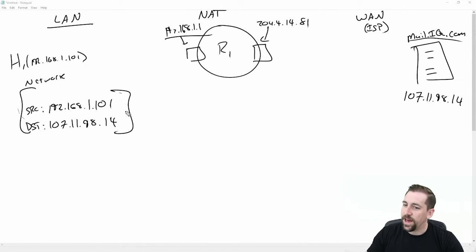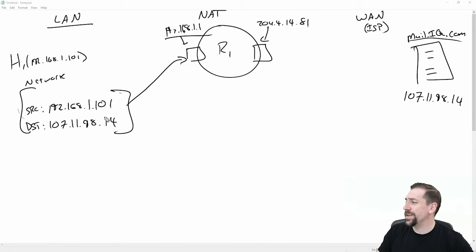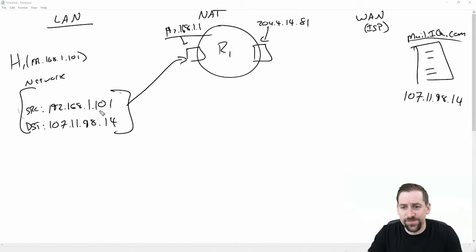And when this gets forwarded to R1, R1 knows darn well that this IP address is not routable, 192.168.1. The 192.168 space, that's a private address space. And so R1 has to translate this address, and we've told you that it is conducting address translation.